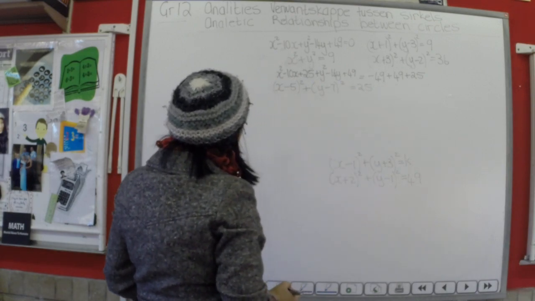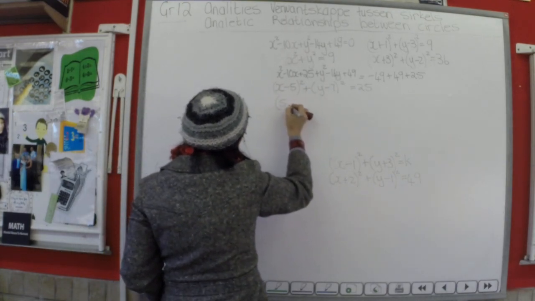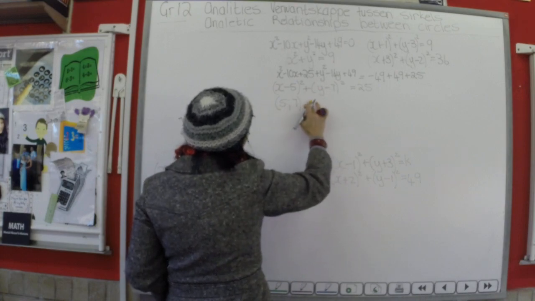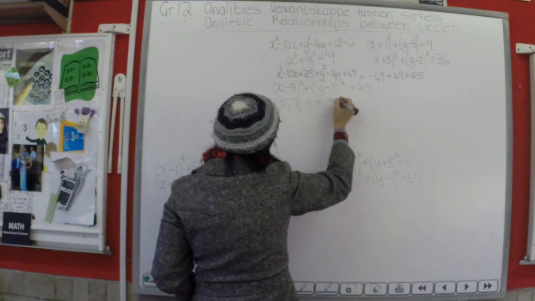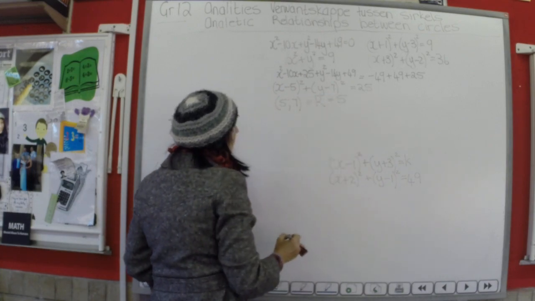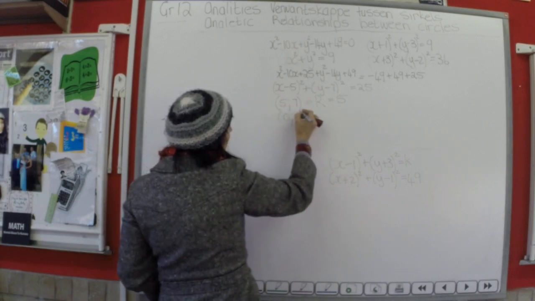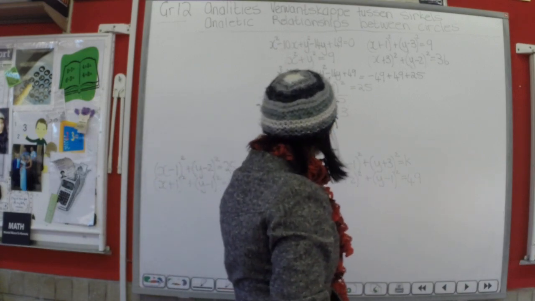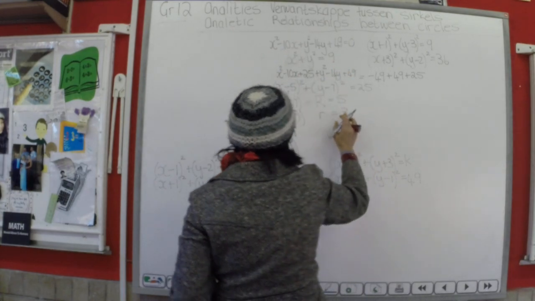So that's that circle. So the midpoint of that circle is 5, 7, and the radius of that circle, it's the biggest circle, equals 5, root of 25. So ons gaan kyk na hierdie sirkel, is sy middelpunt die oorsprong, en sy radius is gelyk aan die vierkantswortel van 9 wat 3 is.